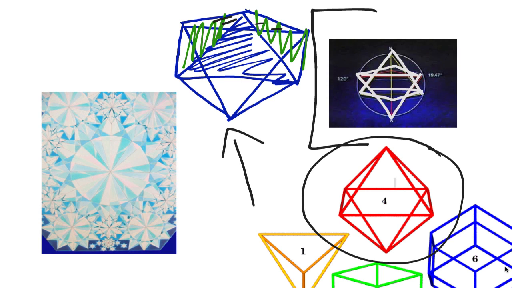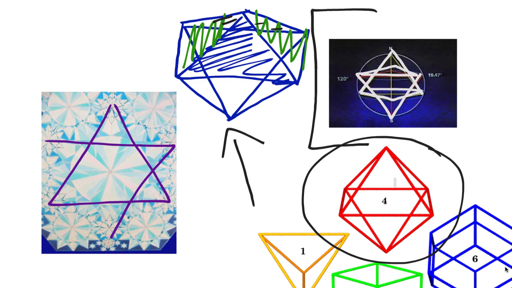But let's just say that this Merkaba shape, and you can see this right over here also, is a six-pointed shape associated with the sixth chakra, or the brow chakra, and also with Christ consciousness.